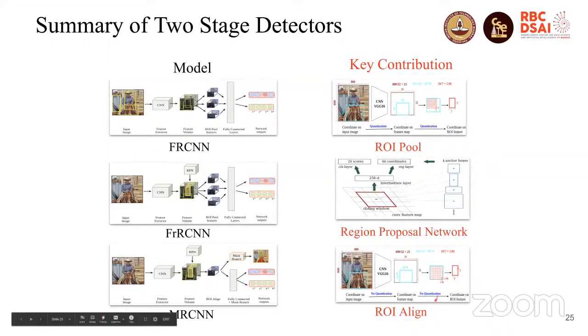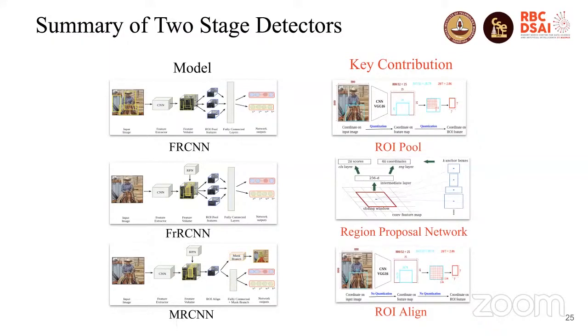So there is less loss in this approach as compared to the original approach. And it has been shown that because of this lesser lossy approximation, this kind of alignment is better than the original method that was proposed in Fast RCNN, right? So these are some of the key ideas that have been proposed in two-stage detectors.